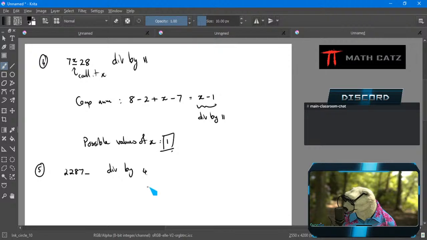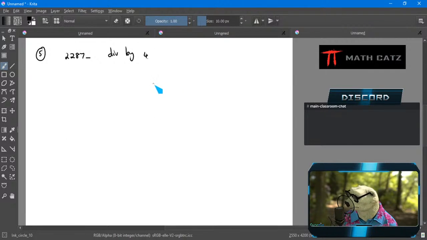Let's call it x. My comparison number is 70-something. I put a line under it, making it clear that it's not a variable in the conventional sense. It's a place in the decimal number.